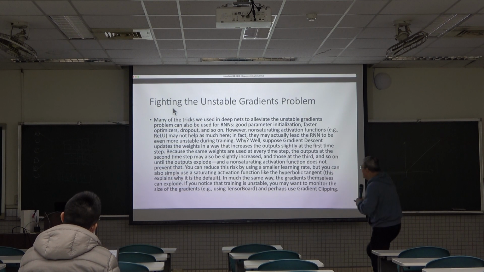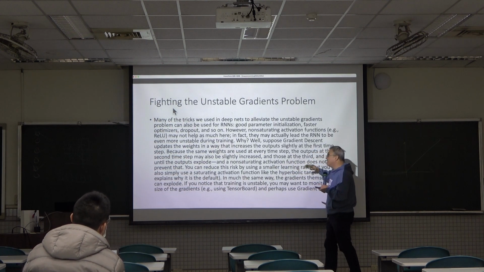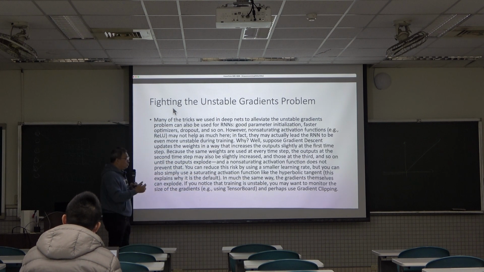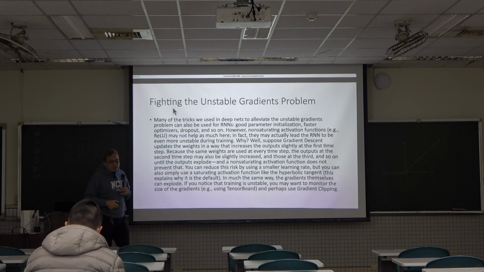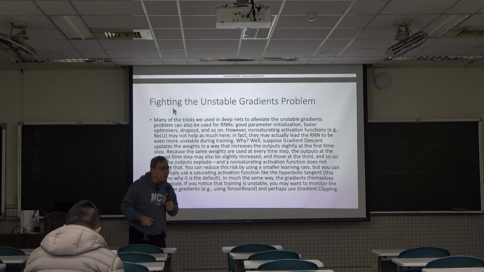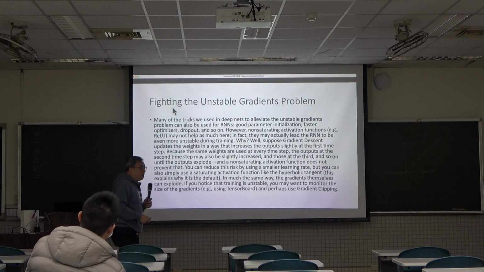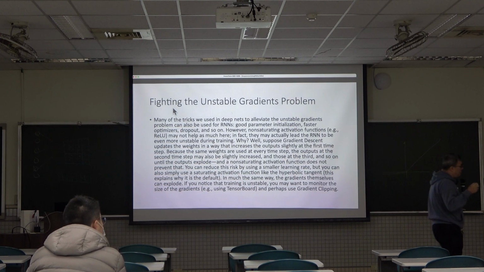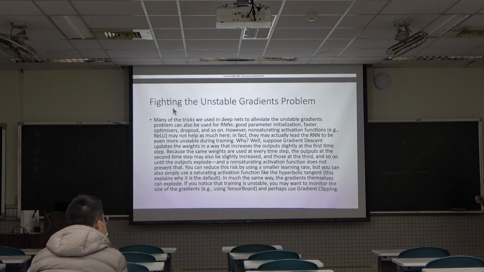So the hyperbolic tangent does not have that risk. That is why tanh is normally used as the default in an RNN. I'm not saying ReLU can never be used, but in an RNN, ReLU is not as popular as tanh.